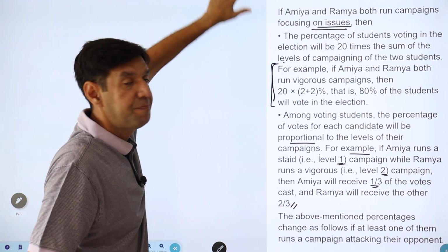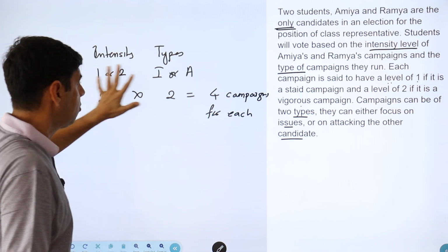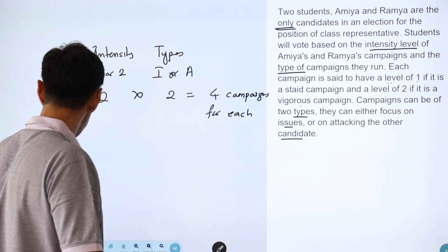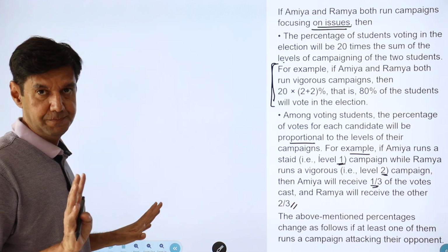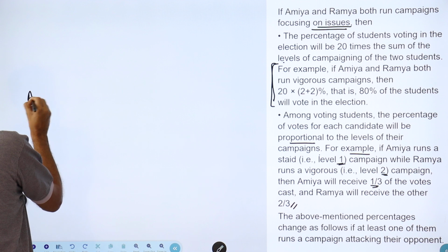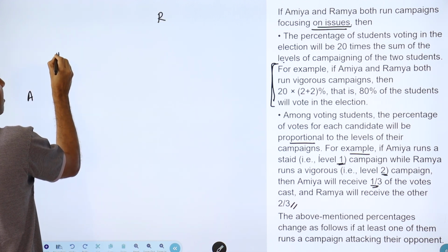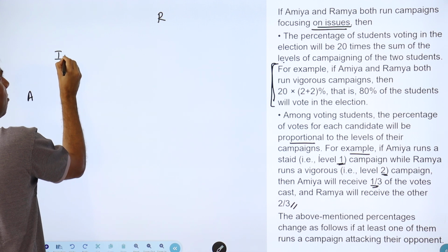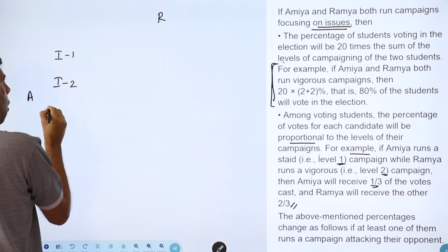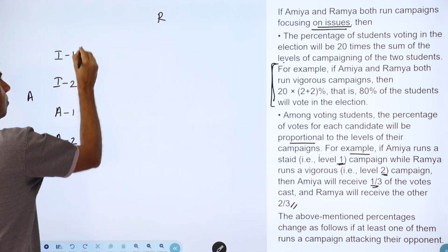So here now, how do you represent this? I did this 2 by 2, 4 ways for Amiya. So one thought could be, you could have Amiya as one axis, and Ramya as the other. Amiya could have issue based level 1 or issue based level 2, or attack based level 1, attack based level 2.